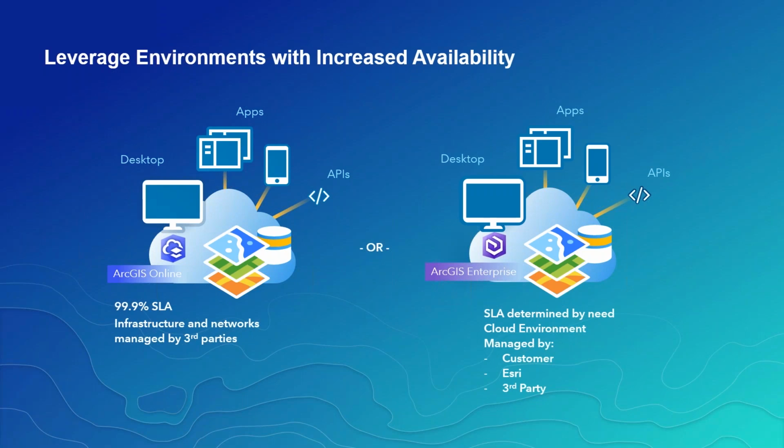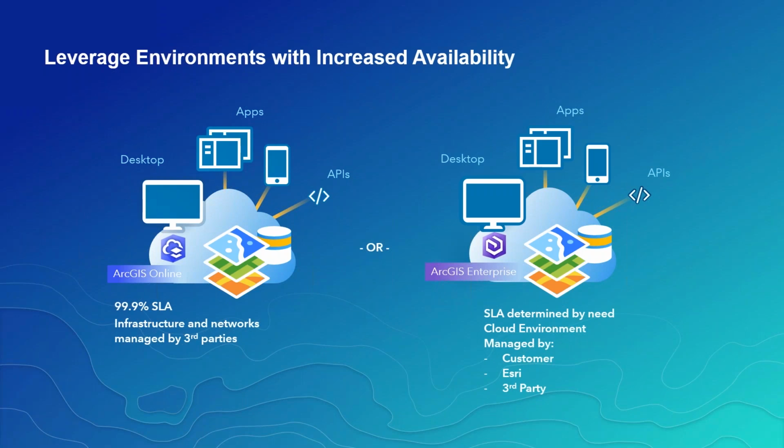And Paul and Kelly can talk more about that perhaps later, but in addition to that, you've still got to worry about power on your side and network on your side. So there are other aspects. So this only makes the capabilities highly available to the specified service level agreement.